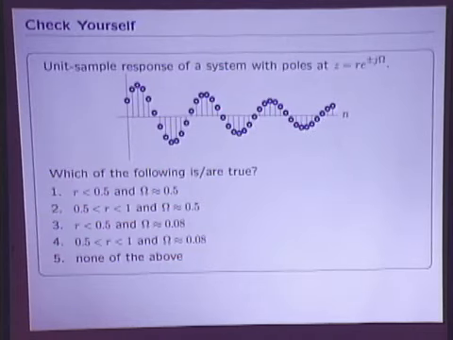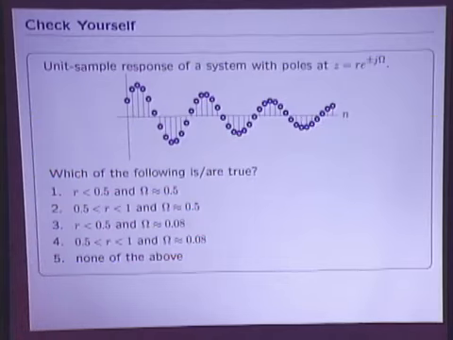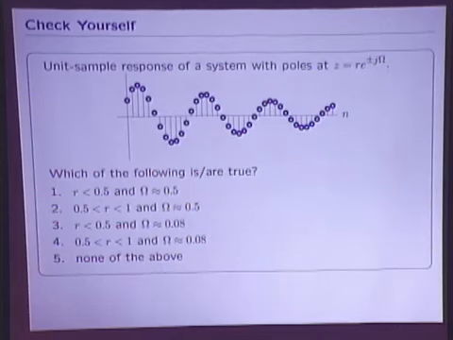So last question. Here's the response of a system with 2 poles at those complex numbers. How do you think about the values r and omega? So assume that the polar form of the pole location is magnitude r, angle plus or minus j omega.